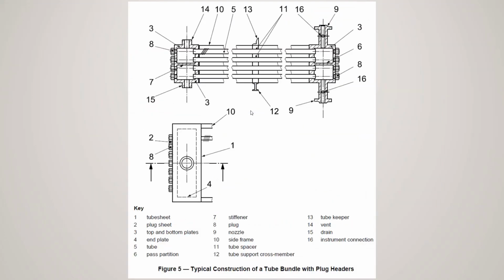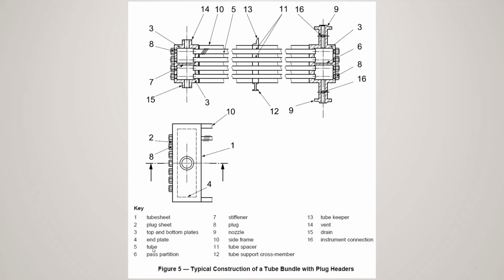Now this is the reference sketch we wanted to discuss, so that we will know the various parts of the tube bundle. And mostly what we covered, the minimum thickness is all the plate thicknesses, tube sheet, plug sheet, top, bottom, and end plate, tube thickness as well. Now if you want to just remind yourself, for carbon steel the minimum tube thickness is 2.11, and for stainless steel the minimum tube thickness is 1.65.